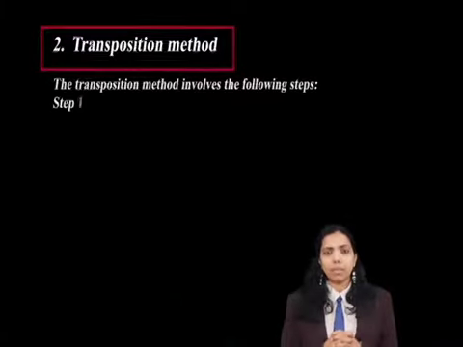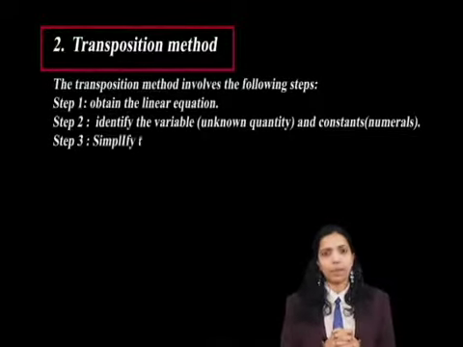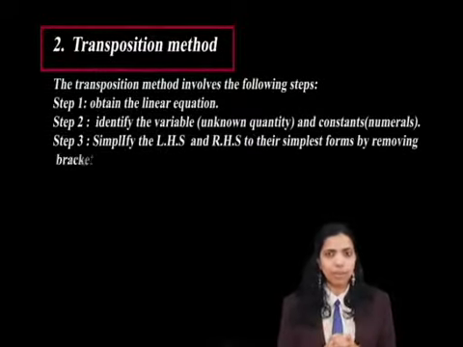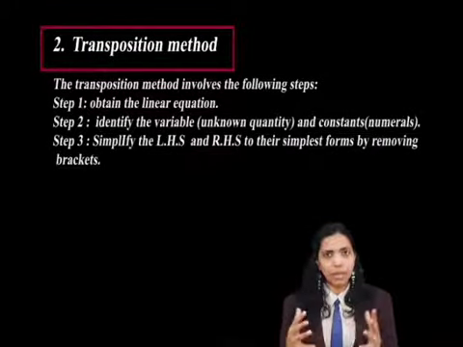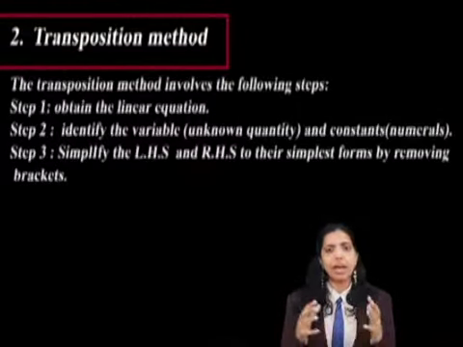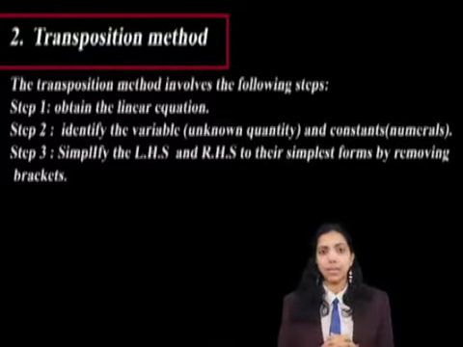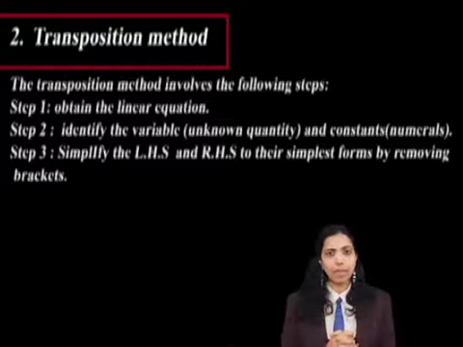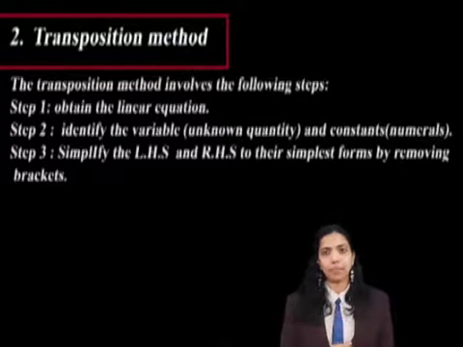The transposition method involves the following steps. Step 1. Obtain the linear equation. Step 2. Identify the variable. Variable means it is the unknown quantity and the constant means the numerals. Step 3. Simplify the left hand side and the right hand side to their simplest form by removing brackets.